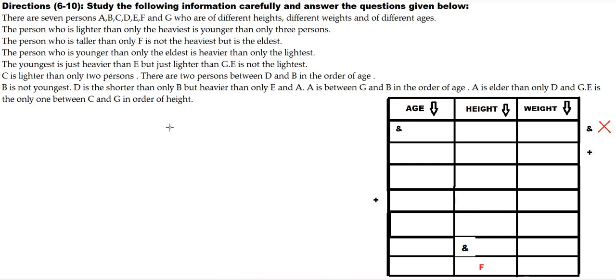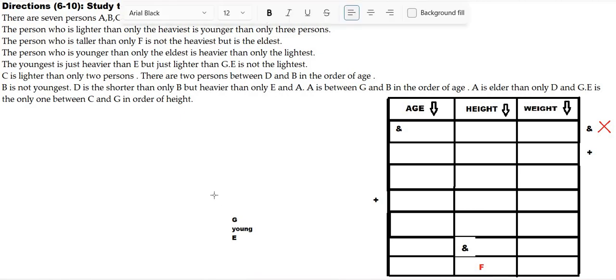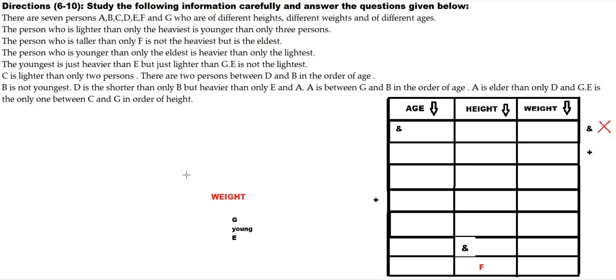The youngest is just heavier than E, but just lighter than G. This is about weight information. This is a representation. We can use it later.